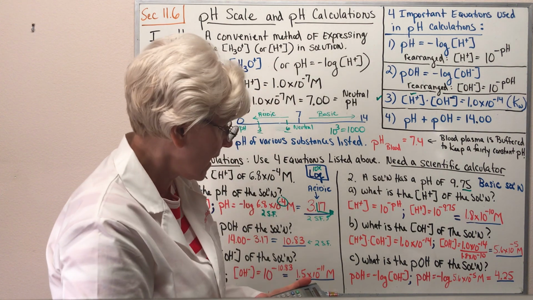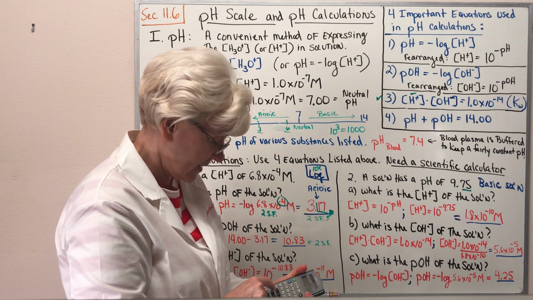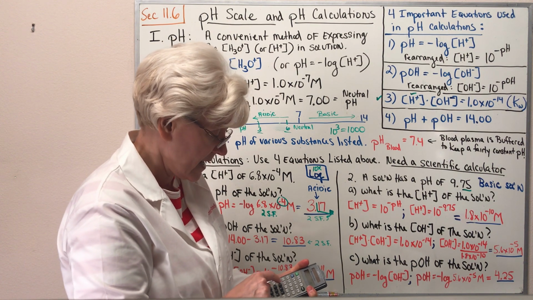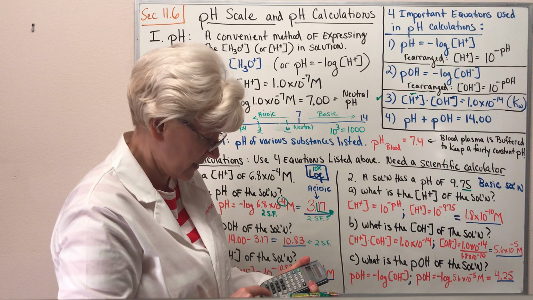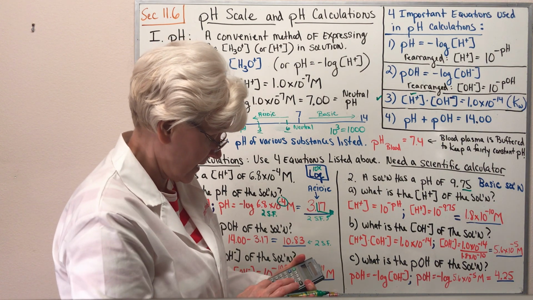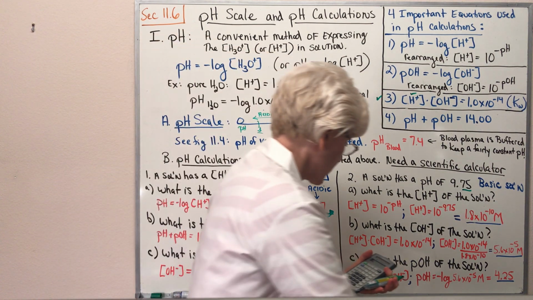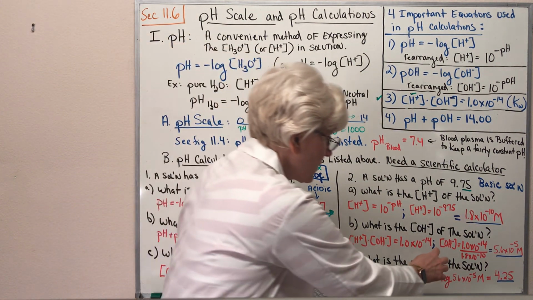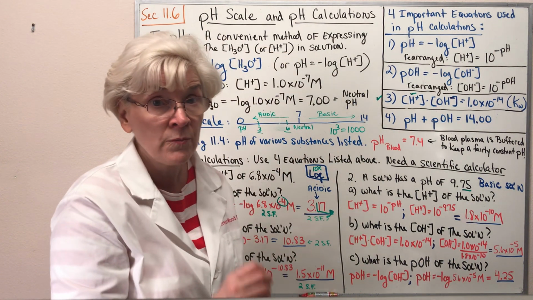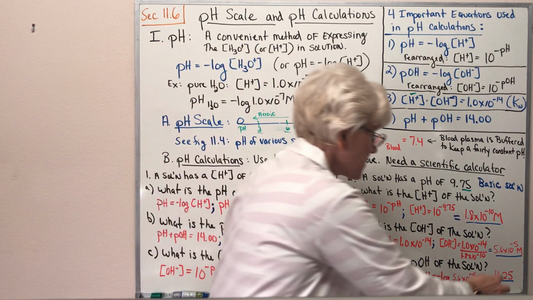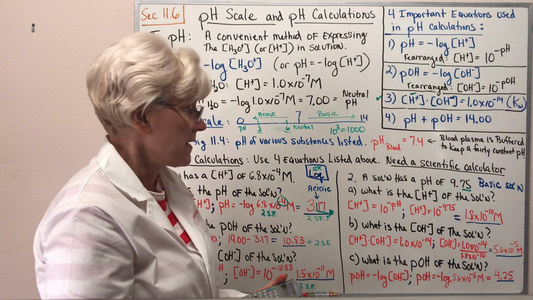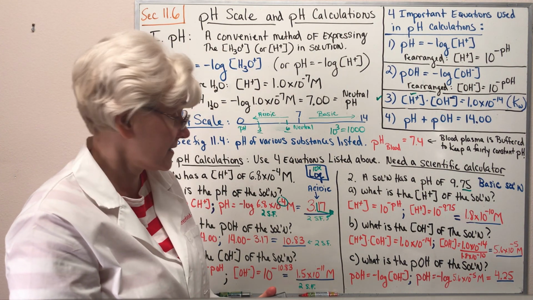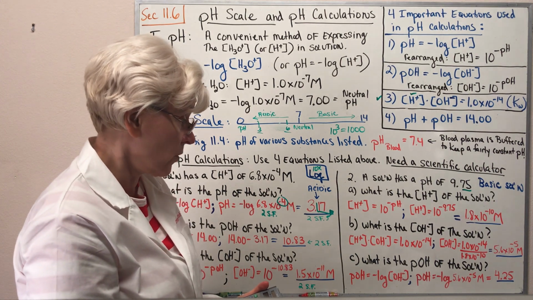And when we do the calculation, 1 exponential minus 14 divided by 1.8 exponential minus 10, we get 5.6 times 10 to the minus 5 molar. Again, brackets are indicating a molar concentration, so it's important to include that unit. The hydroxide ion concentration is equal again to 5.6 times 10 to the minus 5 molar.